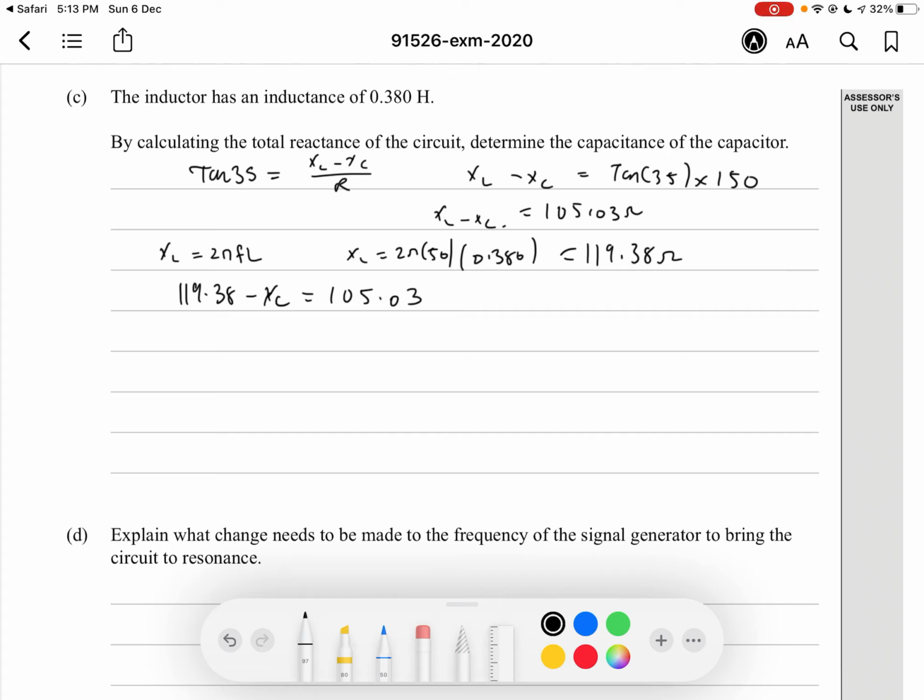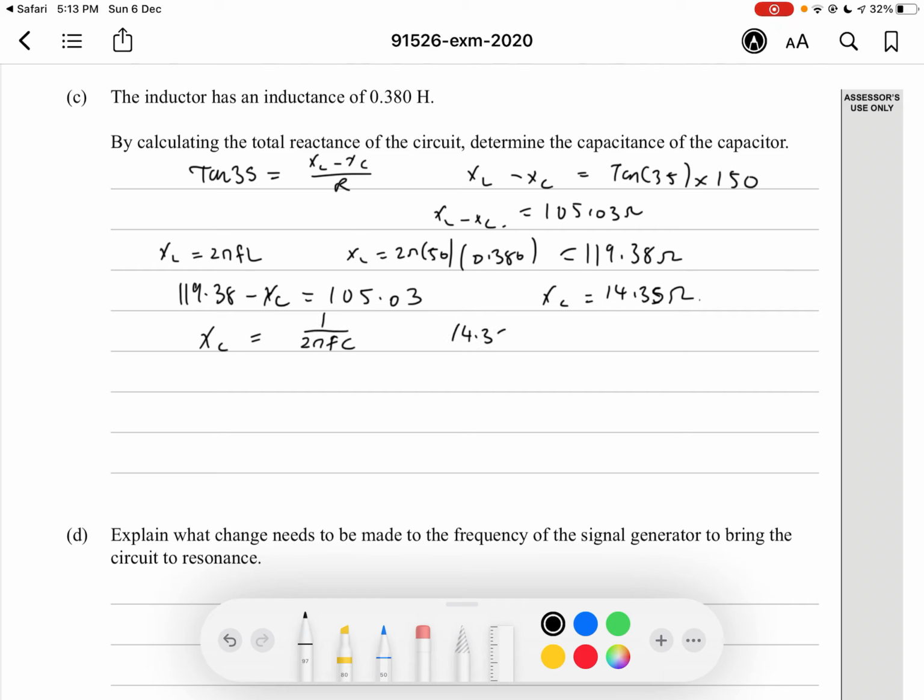105.03. If we rearrange to find XC, it should come out to be 14.35 ohms. So that's our capacitive reactance. We can use XC equals 1 over 2 pi FC.